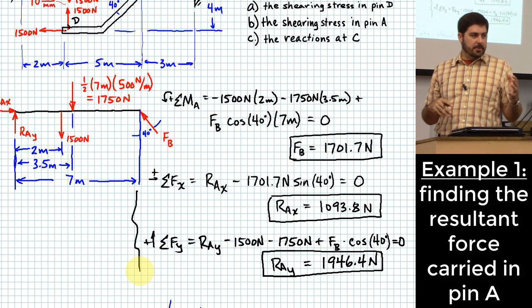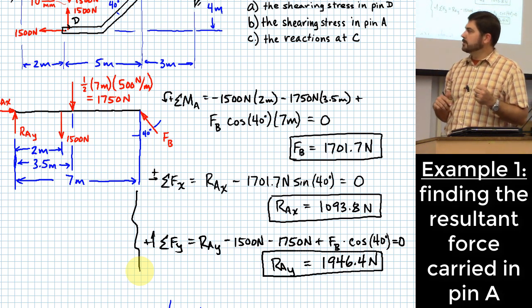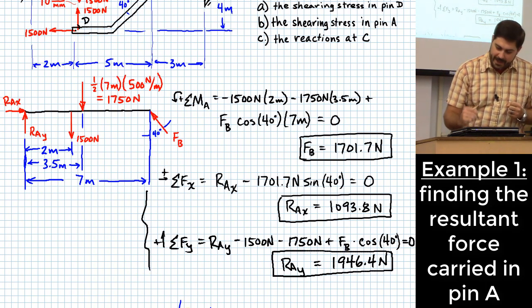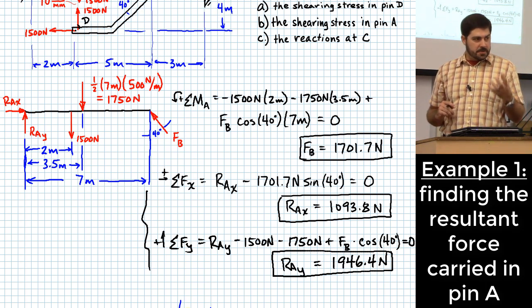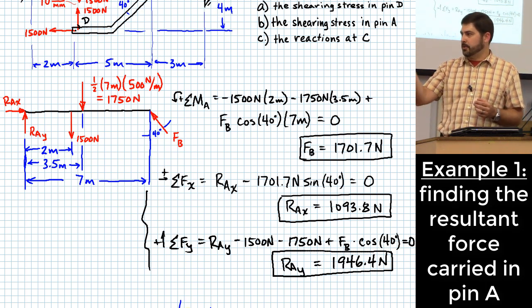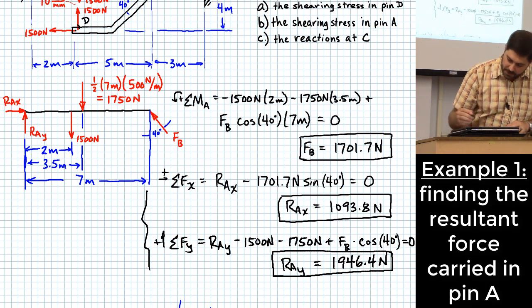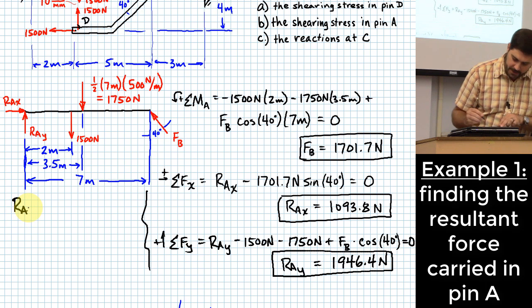Mentioned it a second ago, but what are my steps now to find stress? I have two components of force that I've now found at A. I need to find that resultant force acting at A, because that's what we use to figure out how much shearing stress happens in the pin. Got a question? Okay. So to find that resultant force, I'll call it RA without a subscript.